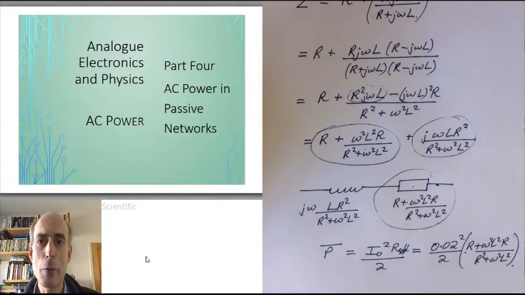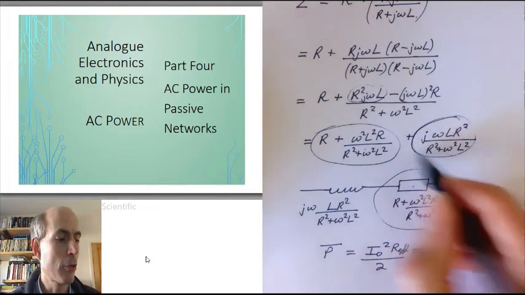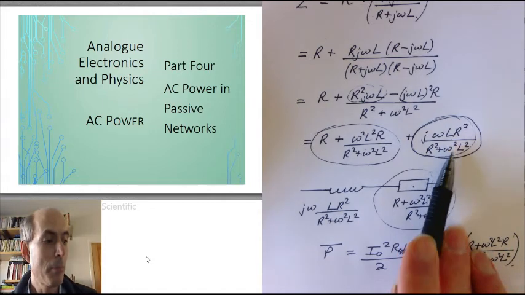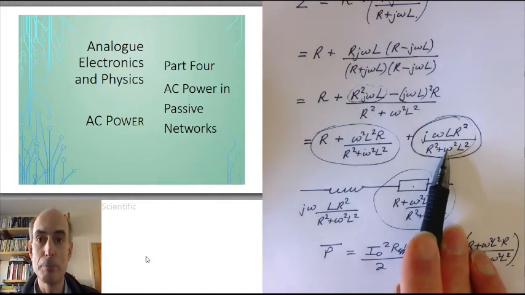In terms of the power being stored and then pushed back into the circuit by the reactive part of the total impedance, I could do a similar calculation, but I'd be looking at the imaginary part of the complex impedance there and determine what that told me about the maximum energy being stored.